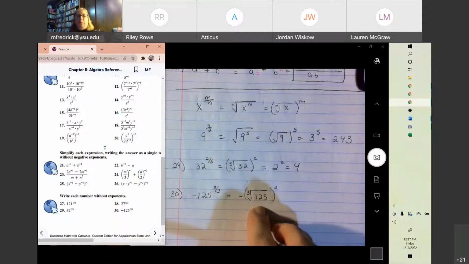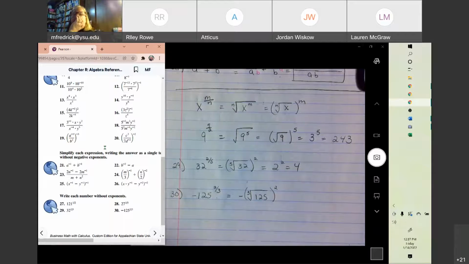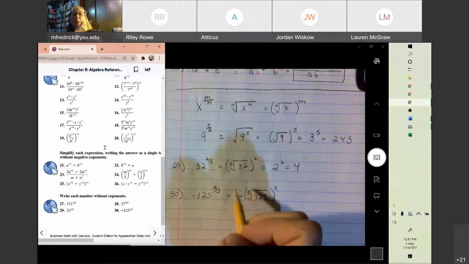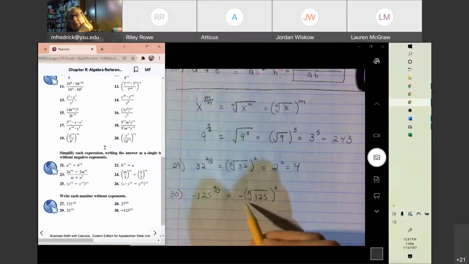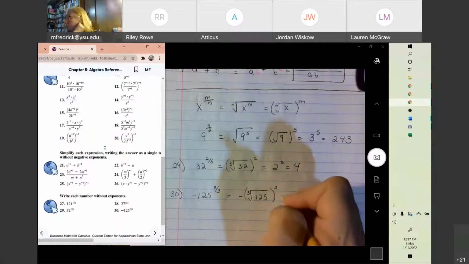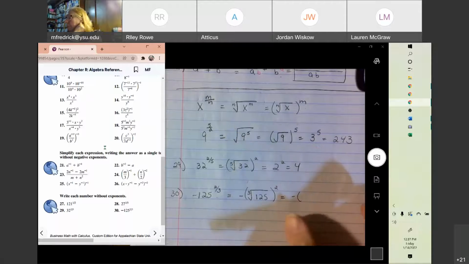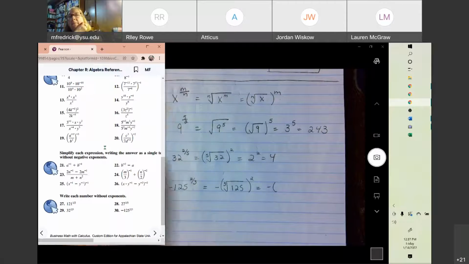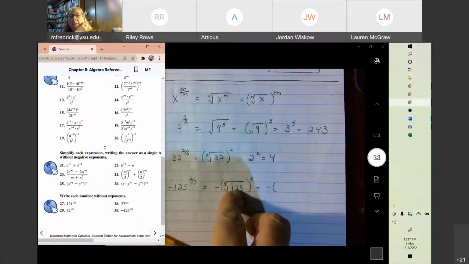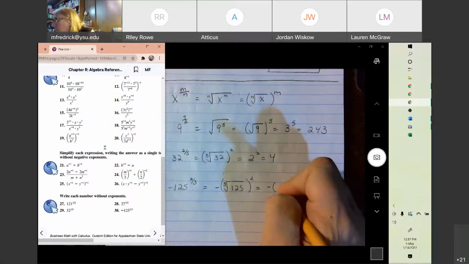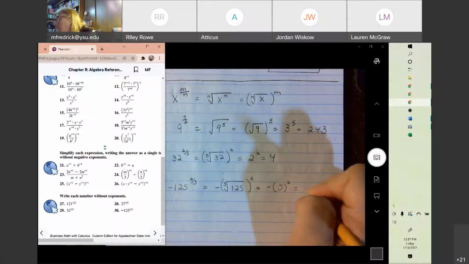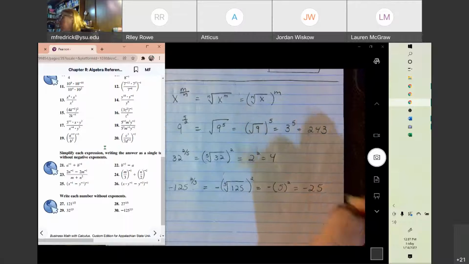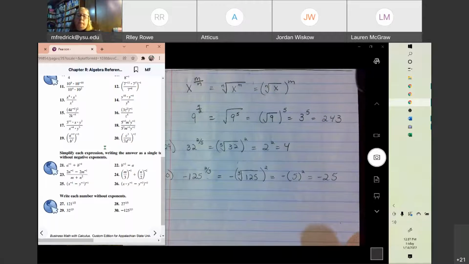I would do the cubed root first. The cubed root of 125 is 5 because 5 times 5 times 5 is 125. So this is 5 squared, which then is a negative 25. Any questions on that?